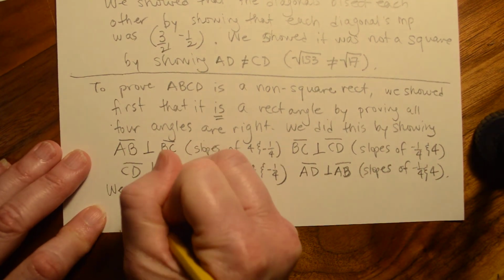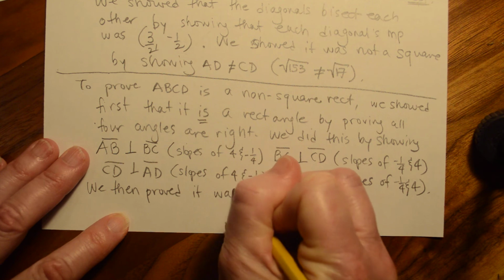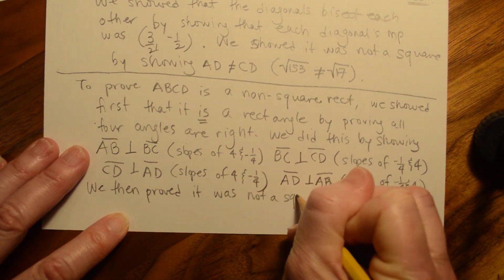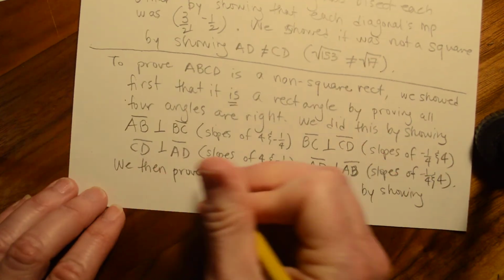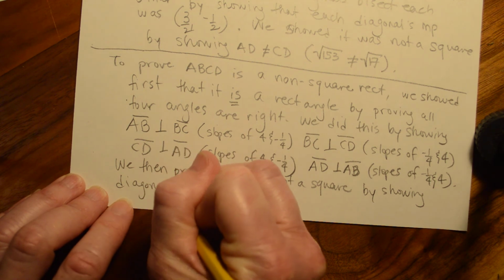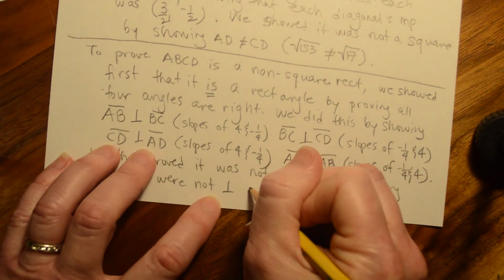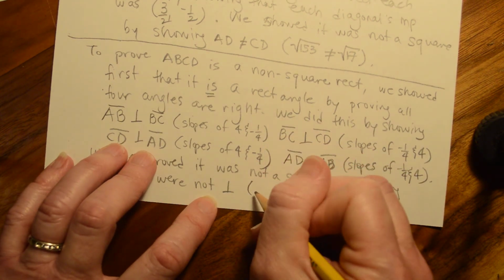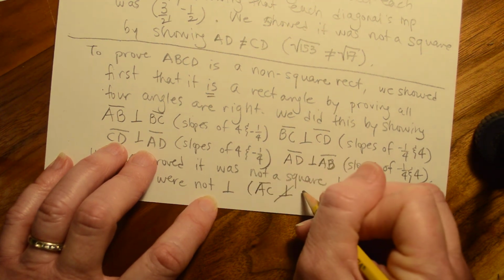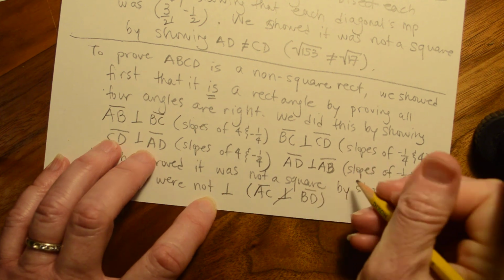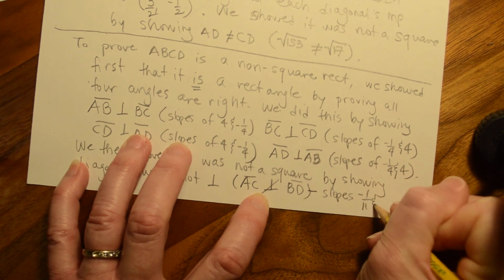We then proved it was not a square by showing diagonals were not perpendicular. AC is not perpendicular to BD. Slopes negative 1/11 and 1/13.